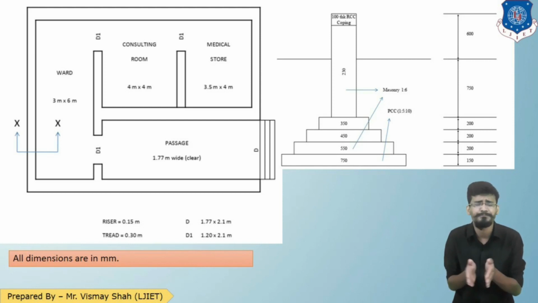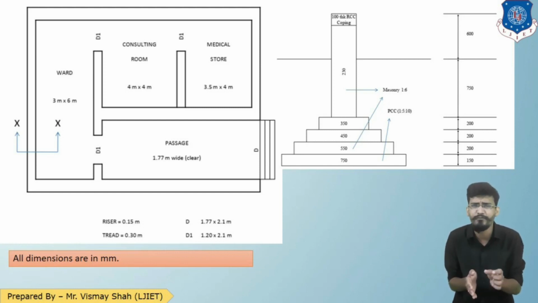Above that there is a step footing starting. The first step footing is of width 550, above that 450, above that 350, and then the wall of the medical clinic appears having thickness 230 mm, and that 230 mm wall is continuous in the superstructure.